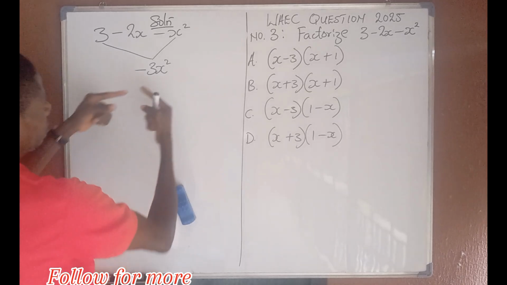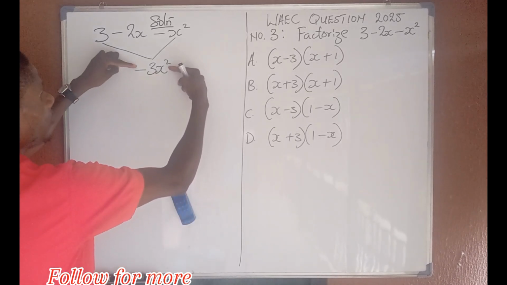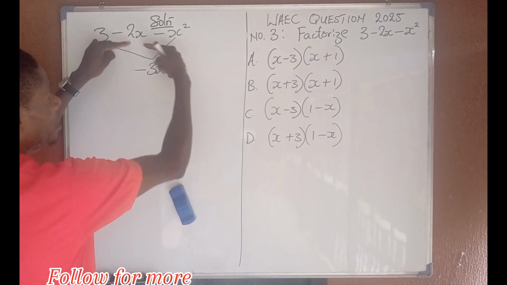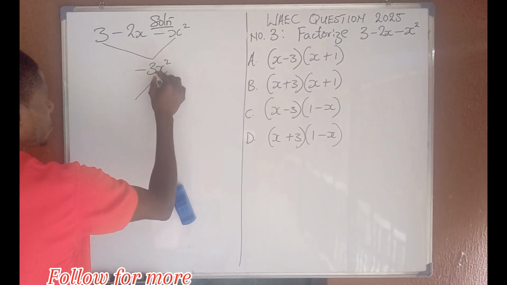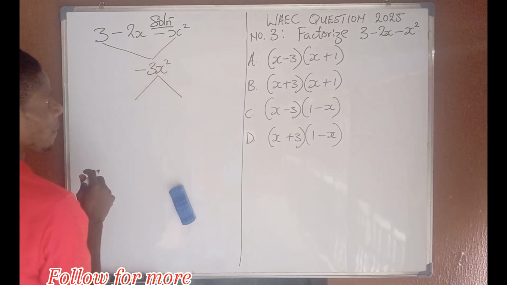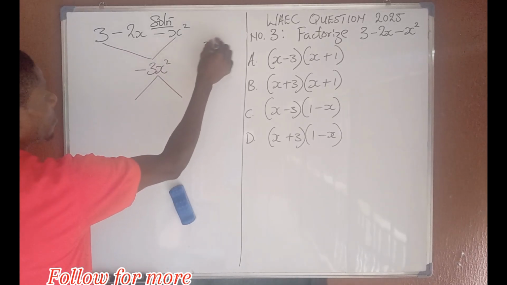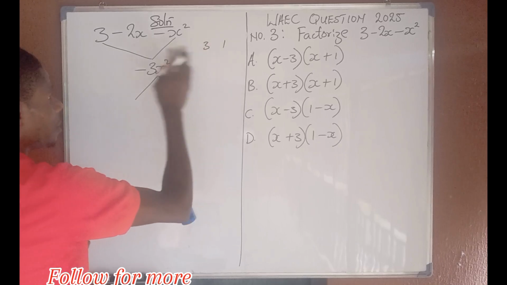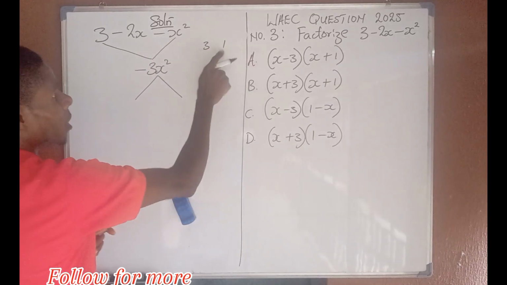Now, I need to find two factors that multiply to give me minus 3x squared, and if I add them, they'll give me minus 2x squared. For me to have minus, I already have 3 and 1. 3 times 1 is 3. And what magic can I do to this 3 and 1 to have 2?